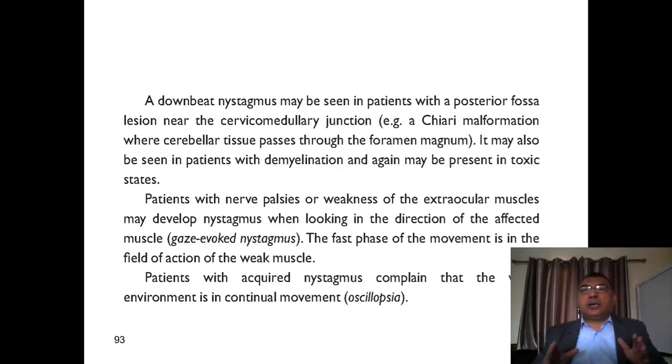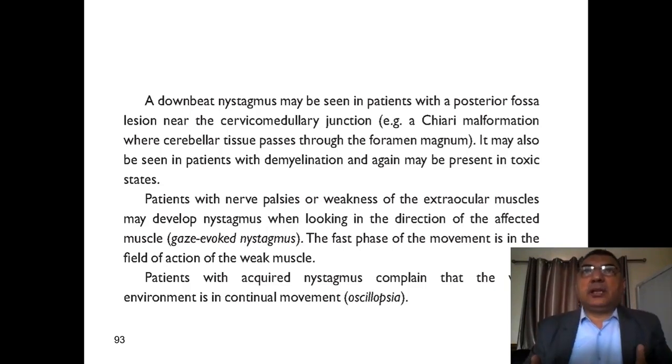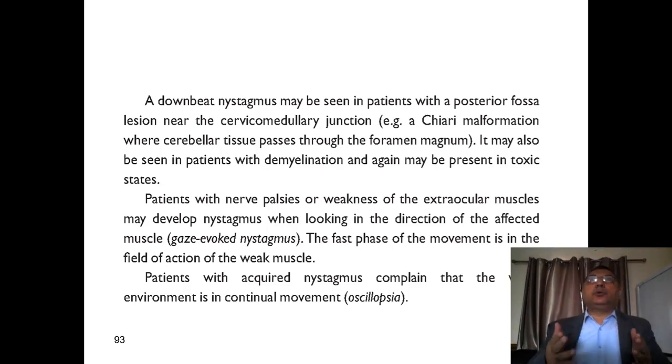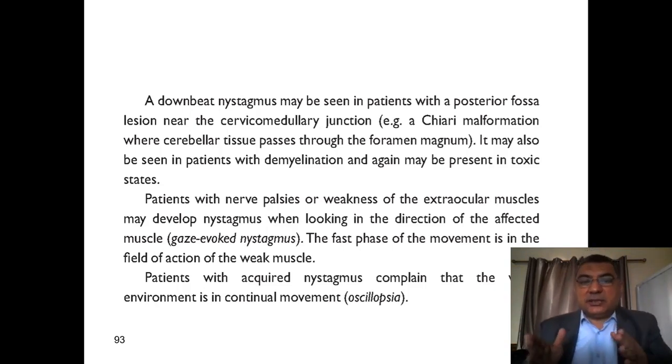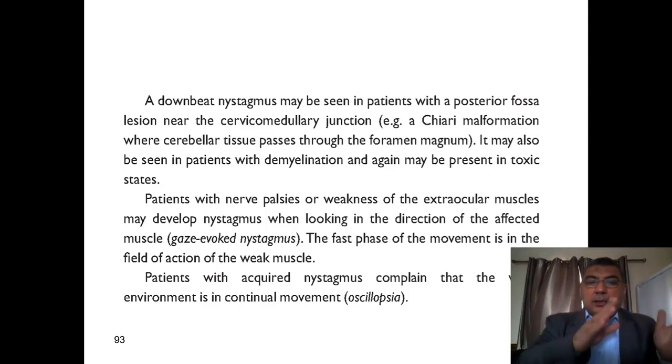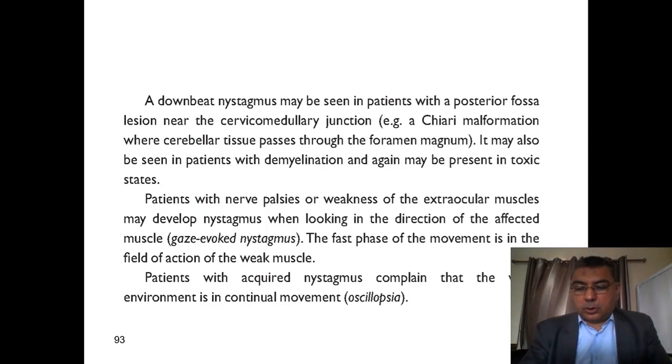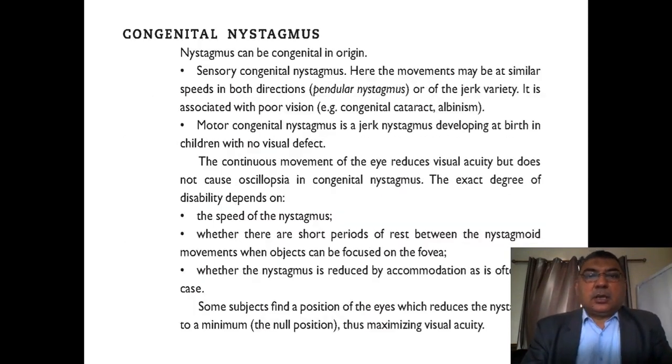A patient with acquired nystagmus may come to the emergency room complaining of oscillopsia, which is his awareness of abnormal, continuous ocular motility. He's complaining that his visual environment is continually moving, and this sign is called oscillopsia.